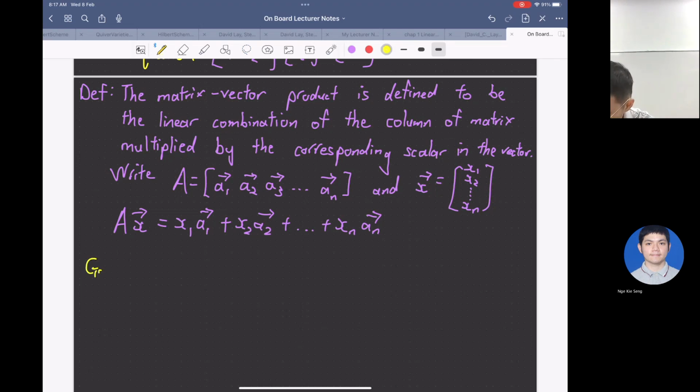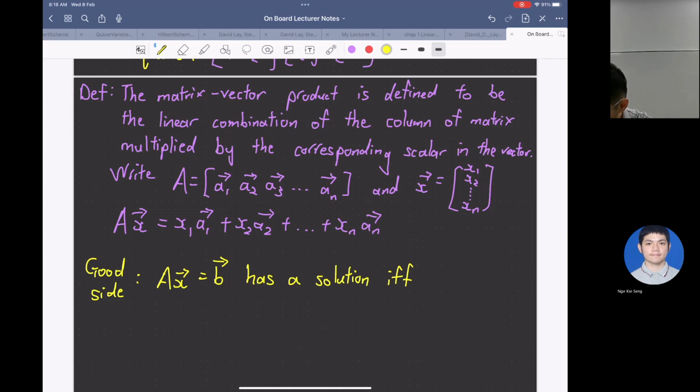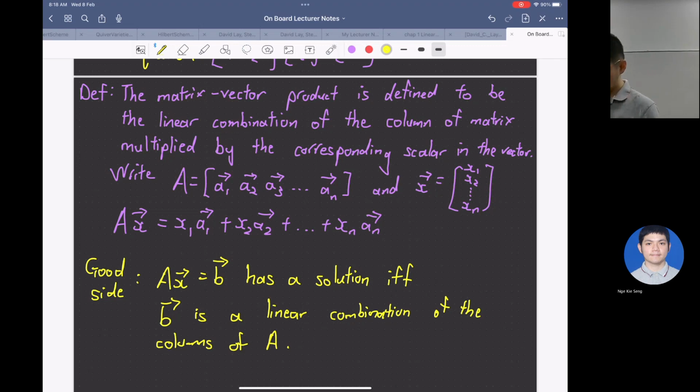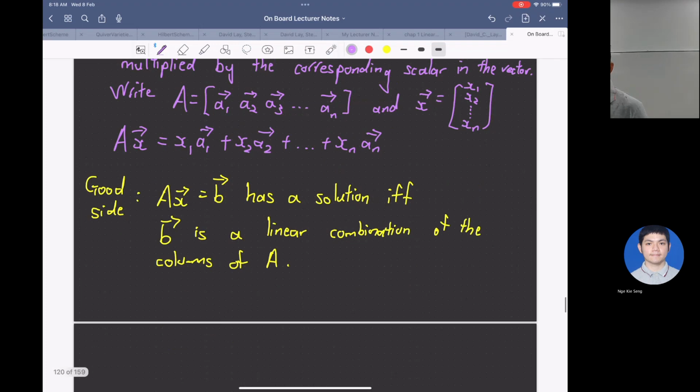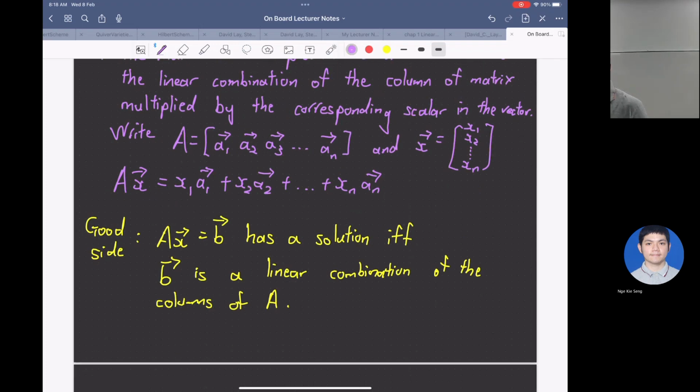The good thing about this form is that Ax = b has a solution if and only if b is a linear combination of the columns of A. So if you can find x1 up to xn such that it equals b hat, it means it has a solution, because you can solve for these variables.